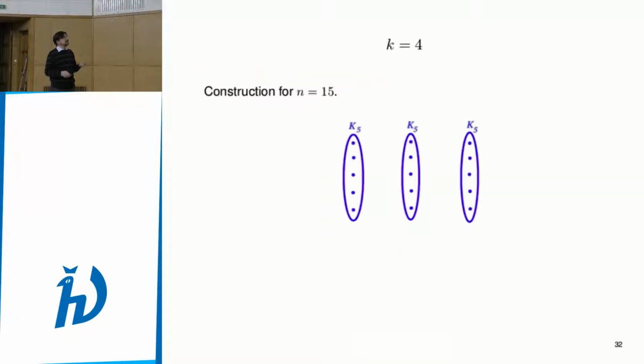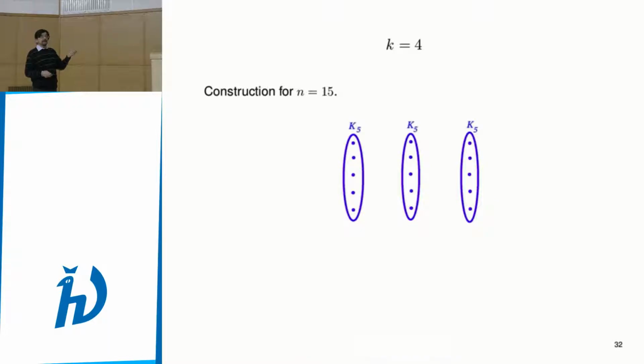So this part works here also. If k is 4, then a k-element subset must contain at least two elements in one of the classes. So every 4-element set is dominated by these edges. So this part is easy.